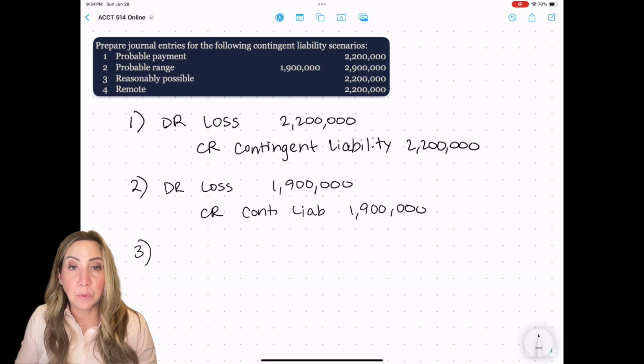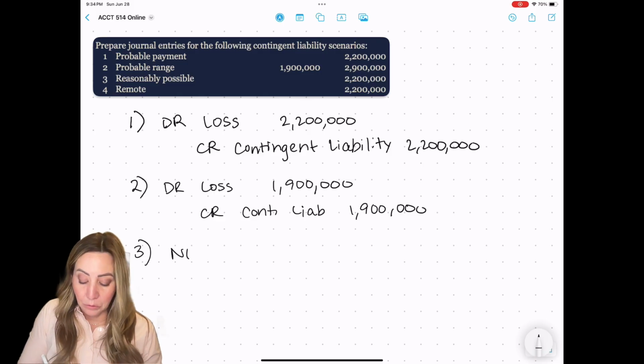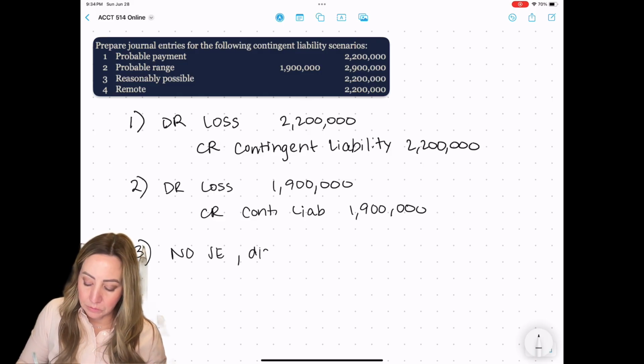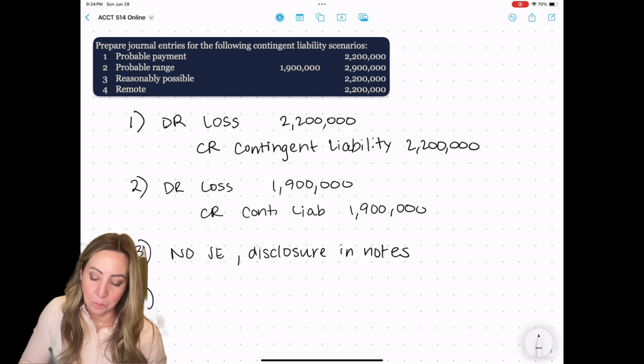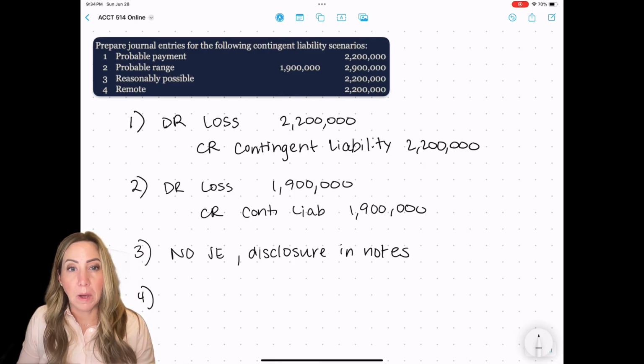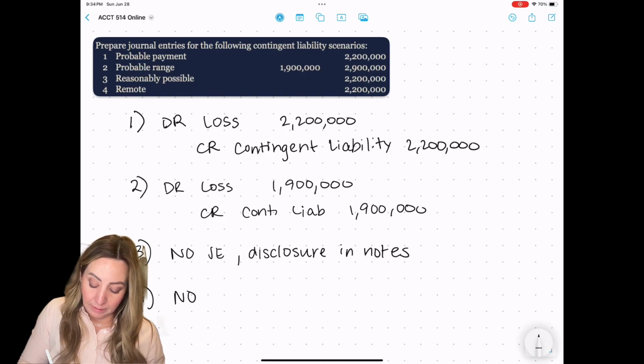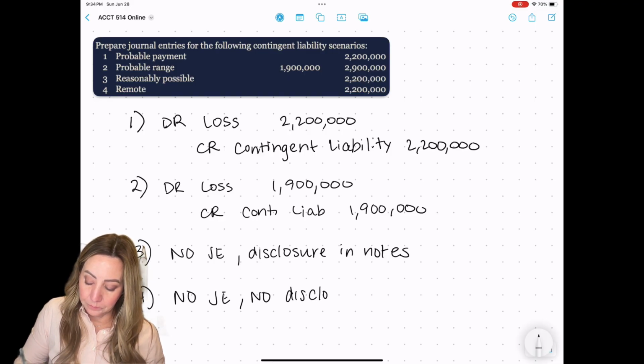The next one is reasonably possible, which means no journal entry, but we do need to disclose this in the notes. So disclosure in the notes. And then finally, we've got a remote scenario. It is a remote possibility that we'll lose $2.2 million in the future. We don't need to do anything. No journal entry, no disclosure.